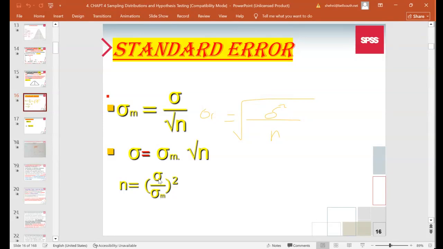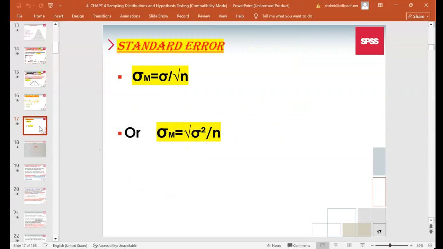If I give you the standard deviation and the standard error, this is how you write it, and then the square of that. Or if I give you the standard error and sample size, then you'll be able to calculate the standard deviation using that formula. And here they are. That's what we talked about.